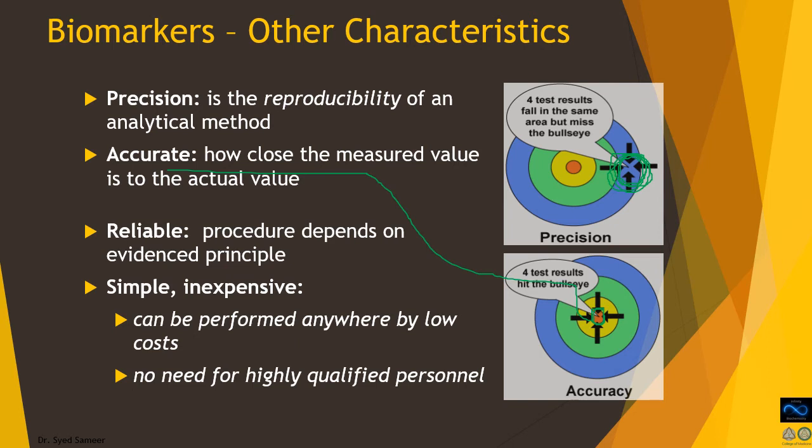So it should usually be easy to perform. It should be easy to perform anywhere. Also, it should not be dependent on too much infrastructure. It should not require too much manpower, and no need of highly qualified personnel also. Then the turnaround time, it should be able to give the results within a specific one day or 24-hour time. So if it is quick, then the biomarker is good.